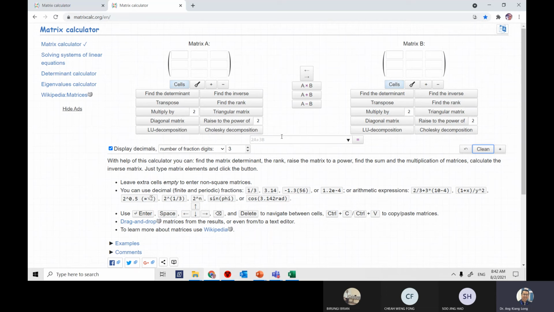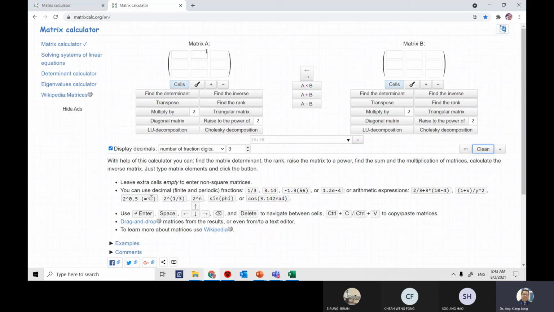Okay, all right. Now, how to use this matrix calculator? Actually, it's quite direct, like what your calculator can tell you. So you have 2 matrices here, matrix A and matrix B. And you have all the functions that you can tell the website to calculate for you.